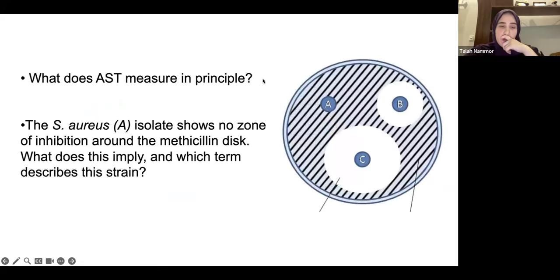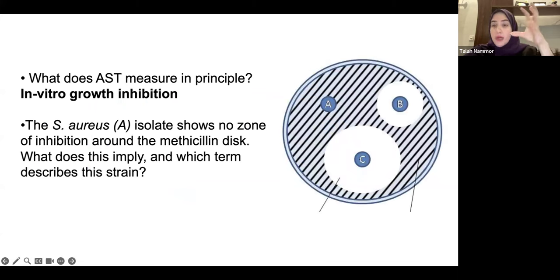تمام? Okay, so what does AST measure in principle? Again, we talked about it, the in vitro growth inhibition. So we're trying to check how much this medication is preventing the growth of the bacteria. تمام? طيب, now let's say this in here is methicillin. طيب, so if methicillin is here, and there was bacterial growth around it, and we are culturing staph, what is the name of staph that is resistant to methicillin?